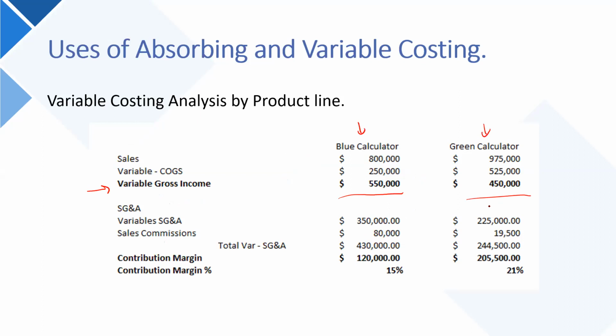But remember this is variable costing, so we are going to add more variable cost. That is sales general administrative variable cost. And when I add that, lo and behold, it seems that the best product is not the blue calculator, it's actually the green calculator. Even though it has a higher production cost, it's cheaper to sell, you see?